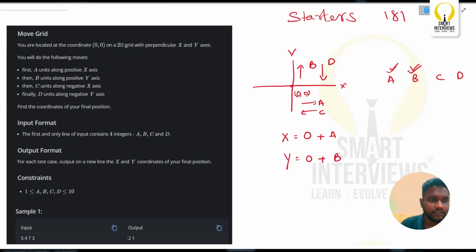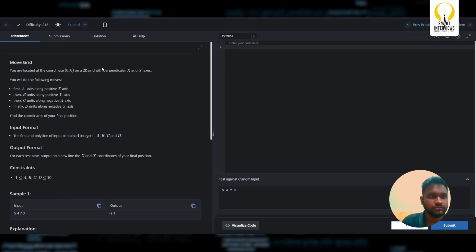After that, we are moving C units in the negative x-axis, so we can simply do minus C, and for y minus D. So we just have to print these things. The question is quite simple and the logic is also quite simple. So let's also code it up and check how this question goes.